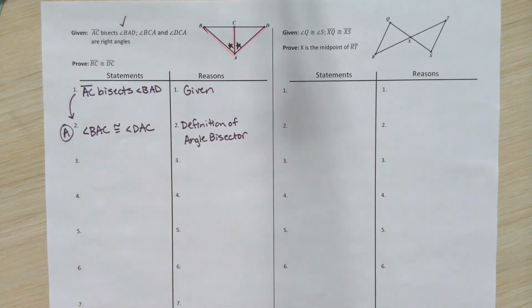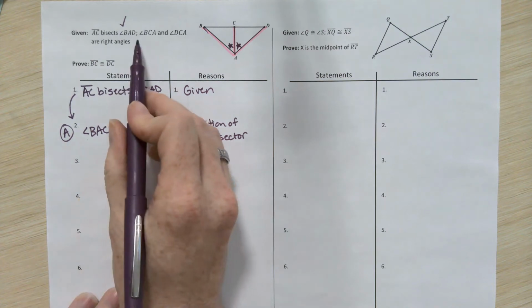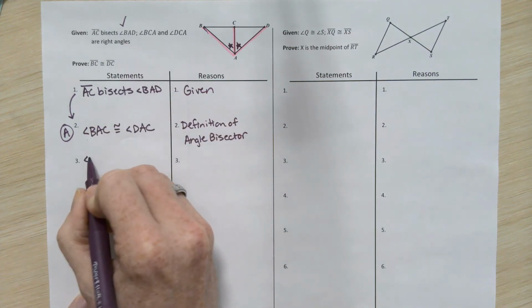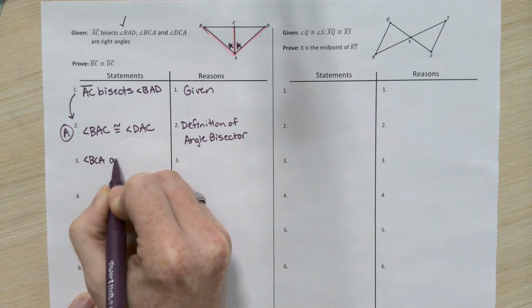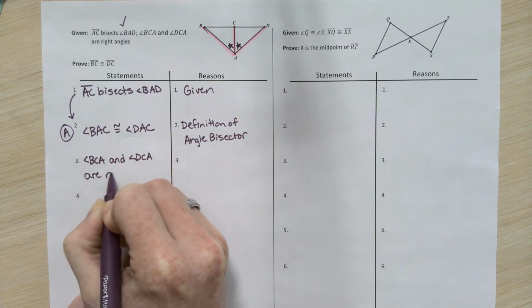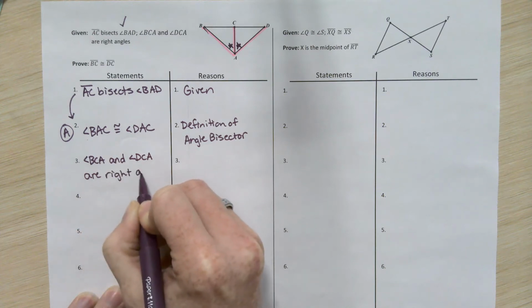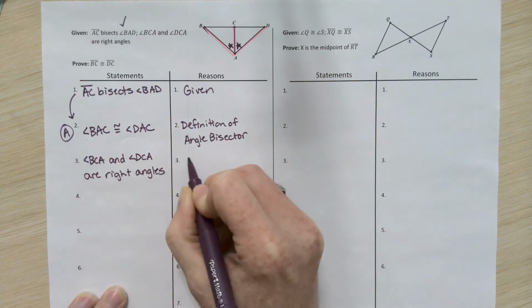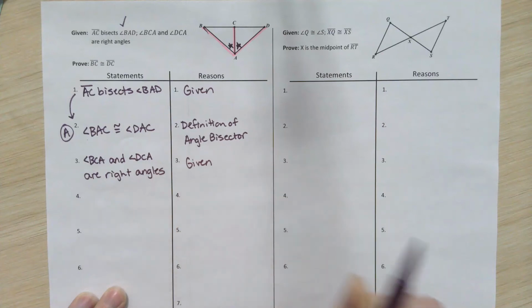Okay, moving to my next given. It looks a little bit lengthy, so I'm going to copy it first. Angle BCA and angle DCA are right angles. Ooh, right angles are always a little tricky. So we're going to be really careful with these right angles.